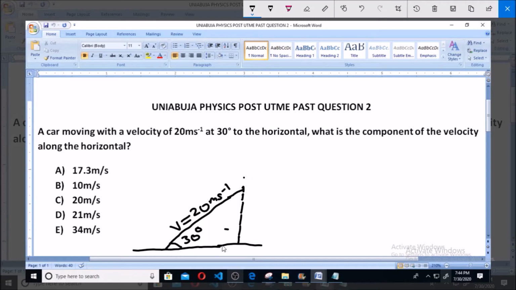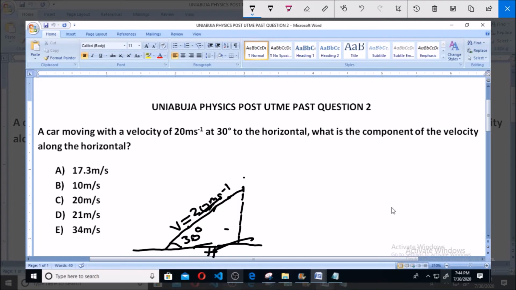Now let's call our horizontal plane H, which is of importance to us. This horizontal plane is what is going to help us solve the question, because we are asked what the component of this velocity is along this horizontal plane H.